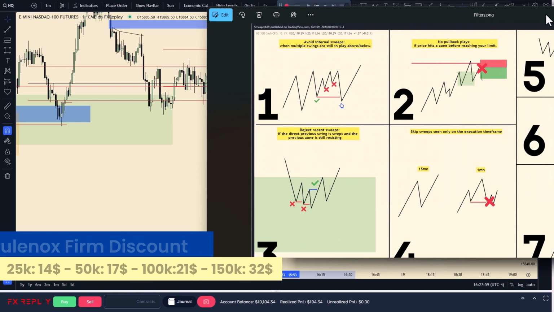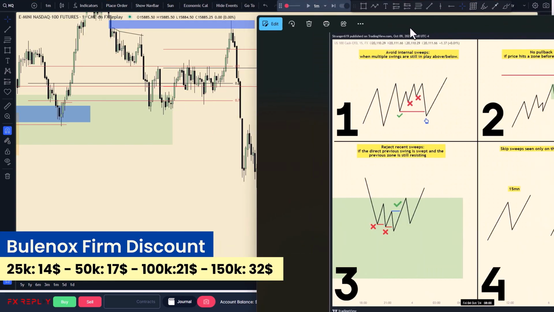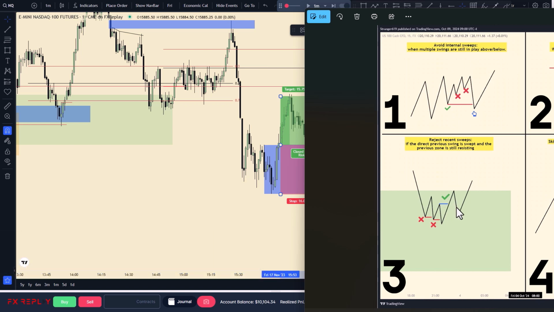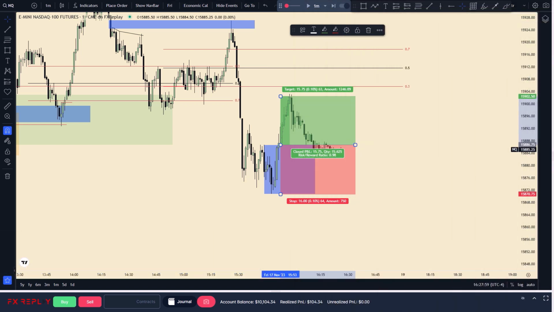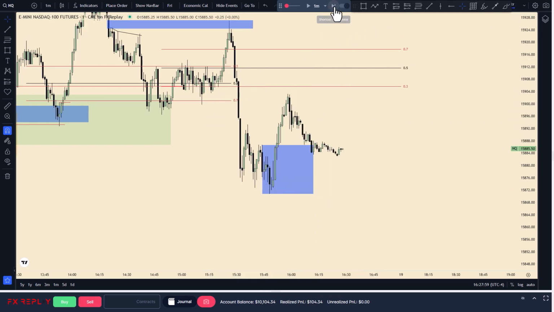Just like the filters, we don't take direct swings until we see the previous swing gets broken or the previous zone gets broken, and we take the retest. So it's supposed to be something like this. And we tapped into that imbalance.